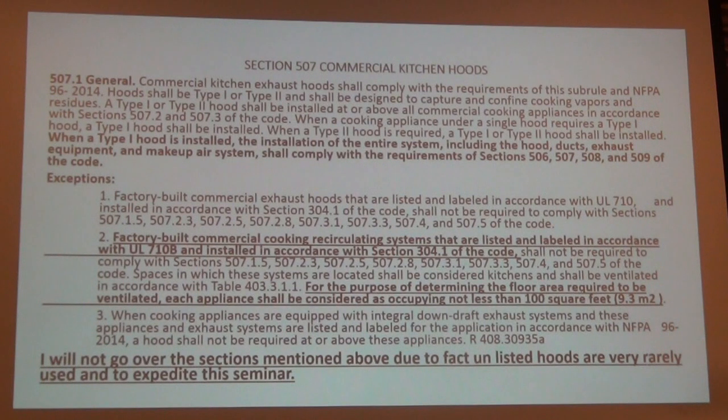We're getting into hoods right now. And then it gives you a list of everything. Basically, what this section is saying: if it's a UL listed hood, there's a bunch of code sections that do not apply for that.